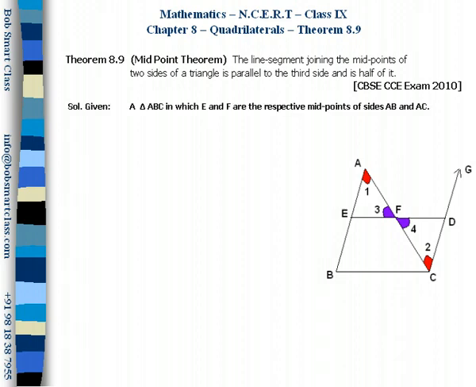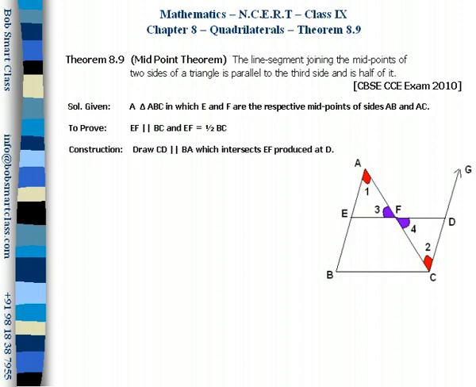Solution. Given: we have a triangle ABC in which E and F are the respective midpoints of sides AB and AC. We have to prove EF is parallel to BC and EF is half of BC.